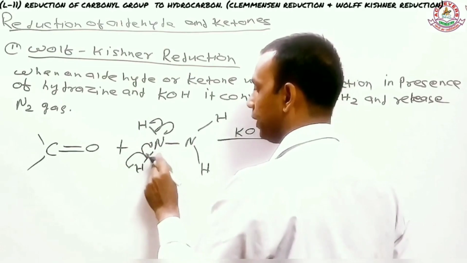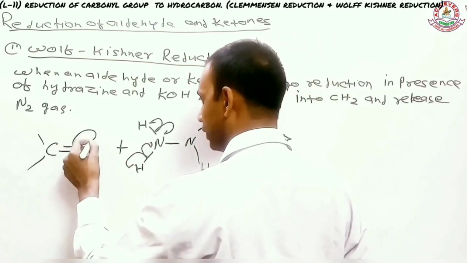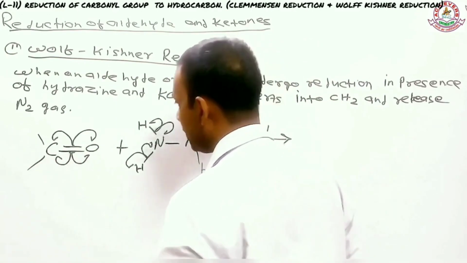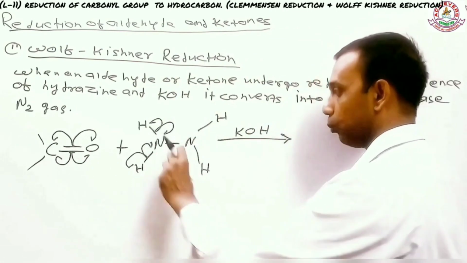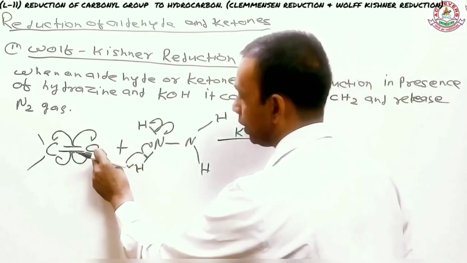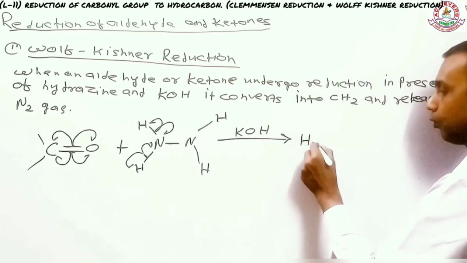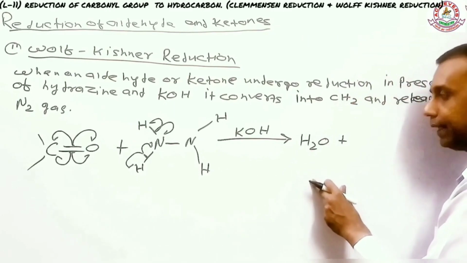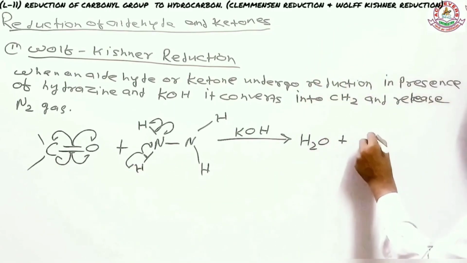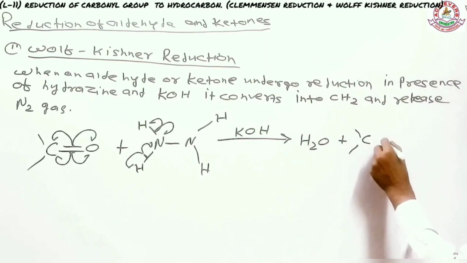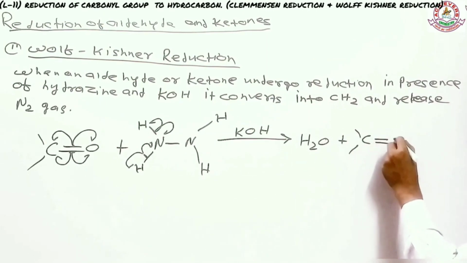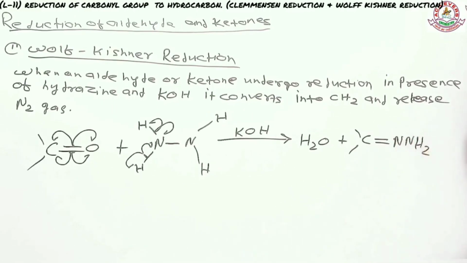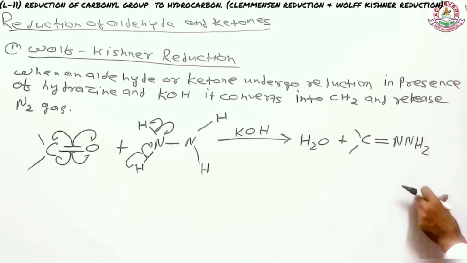So these two bonds will undergo cleavage the same way. Now what will happen then? Both of these hydrogens will combine with the oxygen to produce water. So one of the byproducts is water, right? And then this one will convert into NH2, so this is the intermediate product.